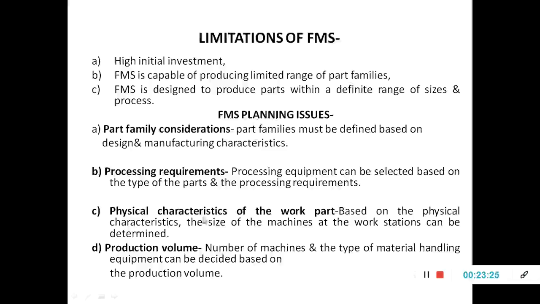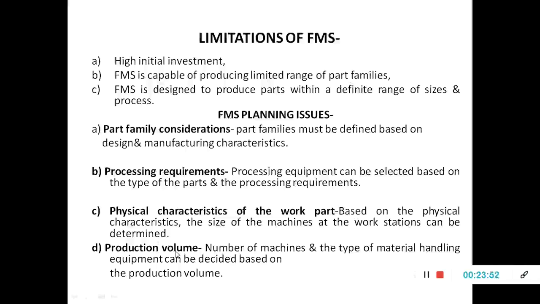Third one, physical characteristics of the work part. Based on the physical characteristics of the work part, the workstations are selected. Whether the work part is mild steel, or a brittle material like wrought iron, depending on that the workstations are determined. Then finally, production volume.